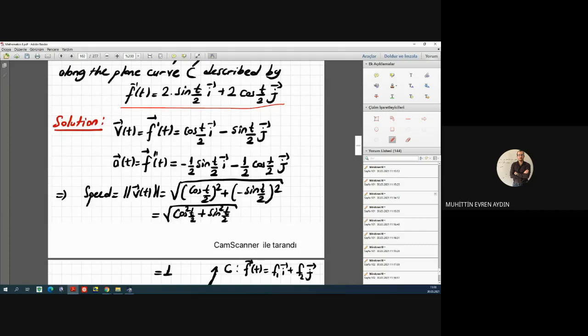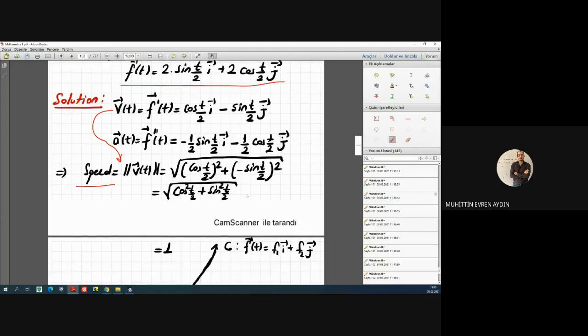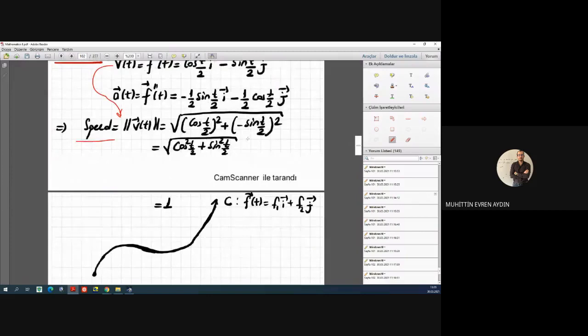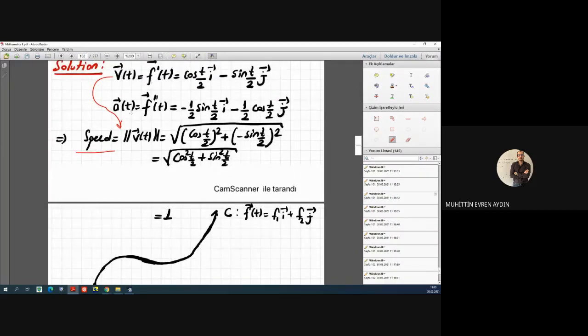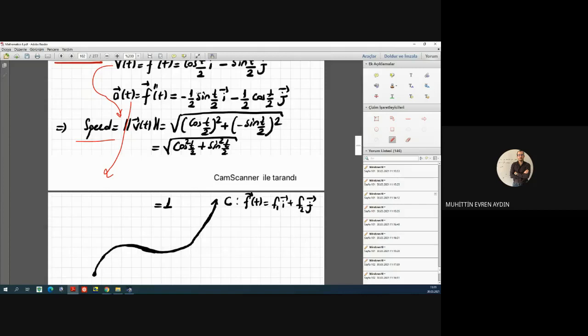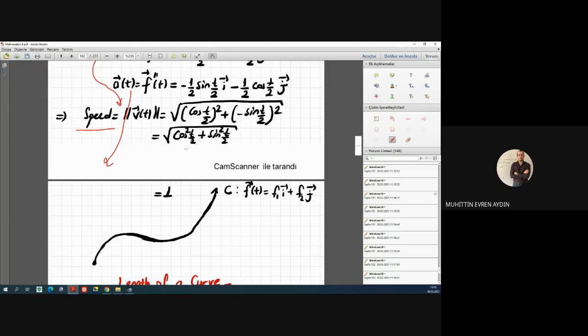If we take the second derivative, we obtain minus 1 over 2 sine of t over 2, cosine of t over 2. So if we take the norm of the velocity vector, we obtain its speed, which is 1. If we take the norm of acceleration, we obtain a scalar acceleration, which is 1 over 2. Yes, it's correct.